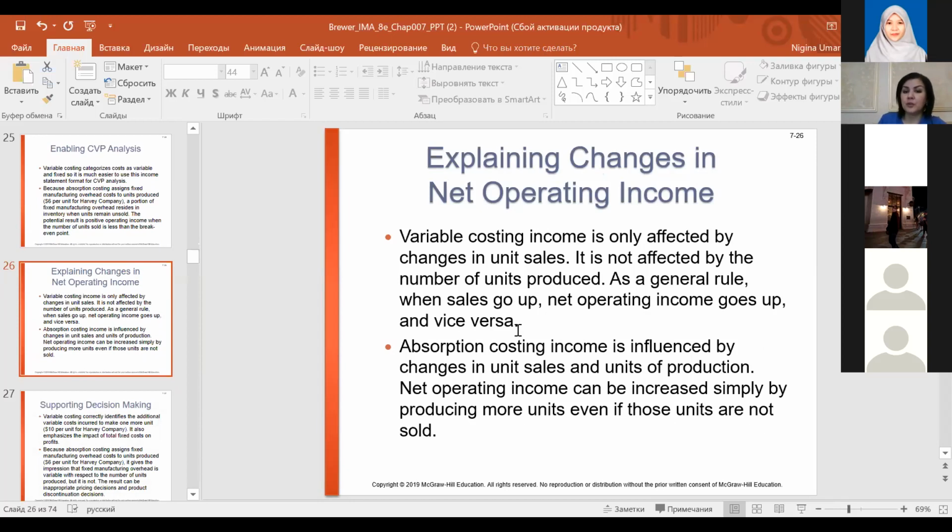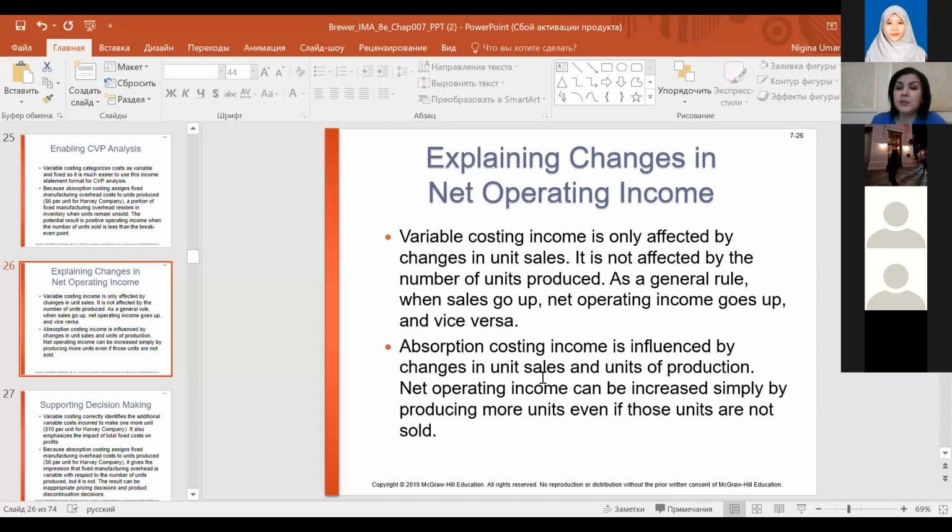So in a variable costing income statement, income is only affected by change in unit sales. Why? Because it is not affected by the number of units produced, because it does not include fixed manufacturing overhead in the unit product cost.